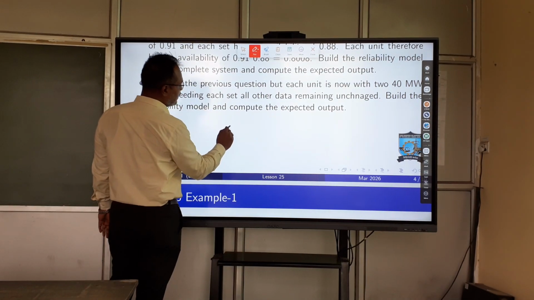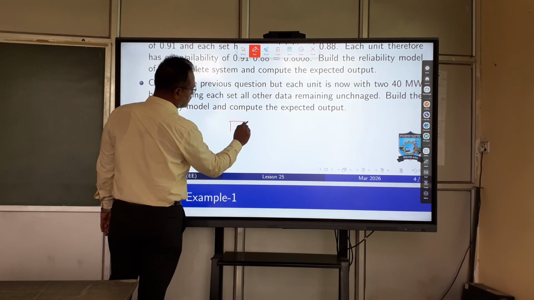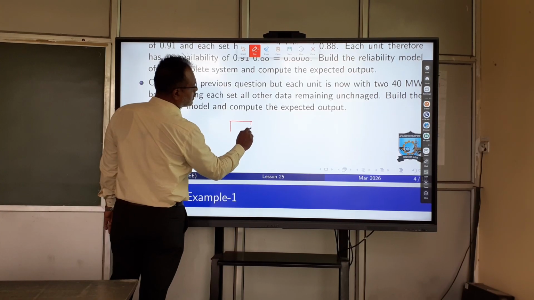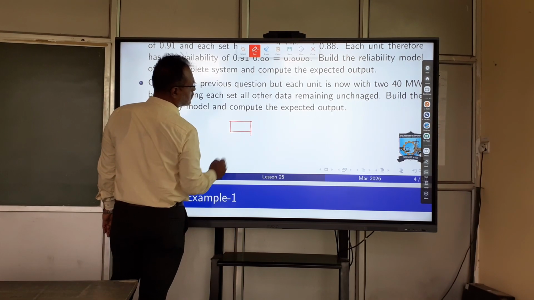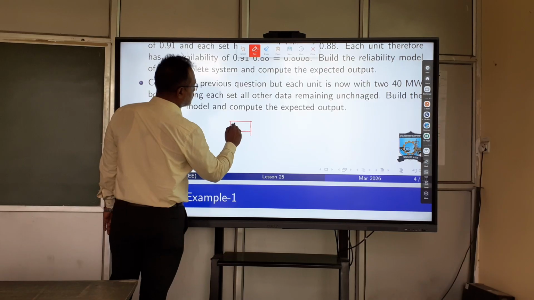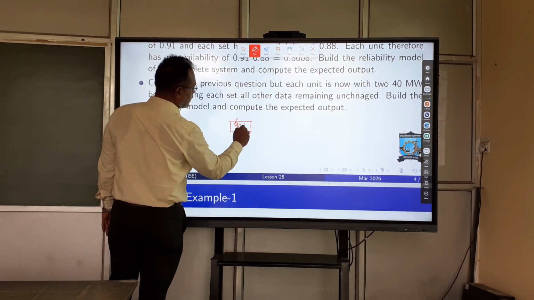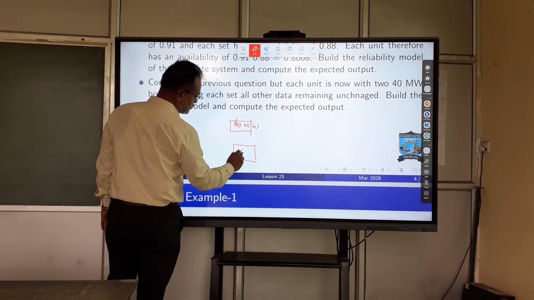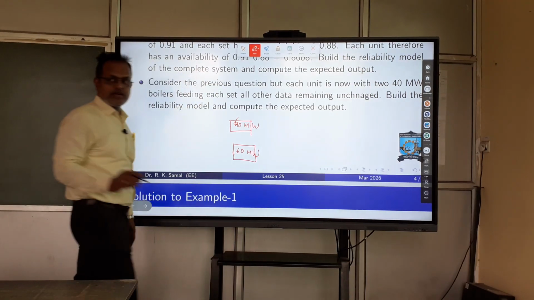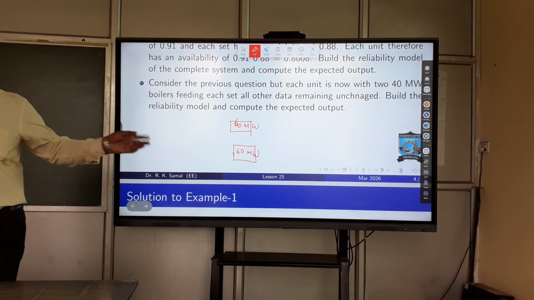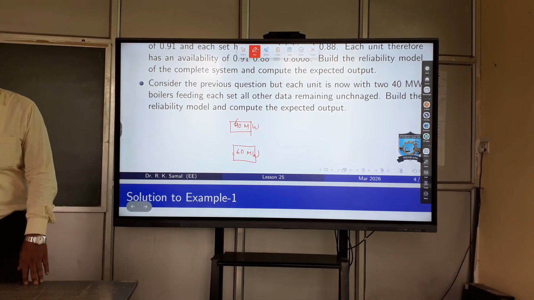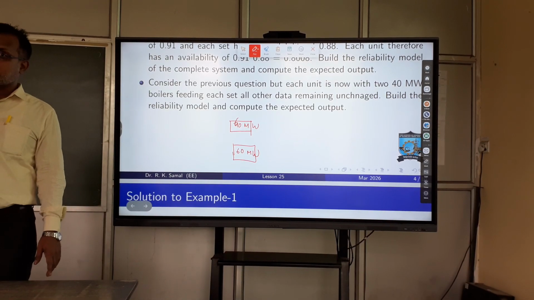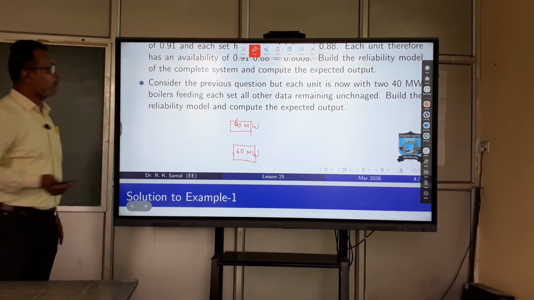How many units are there? One generator is 60 megawatt. It says same data, but last time you had one boiler for one generator. But here you have something different.